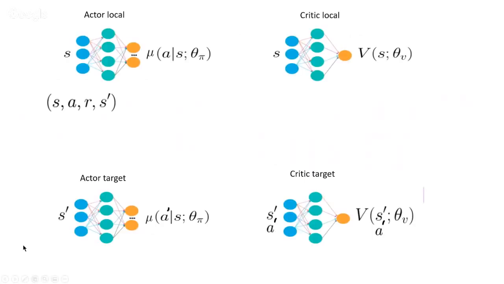So there are two copies of each network. So there is an actor local and actor target, the critic local and critic target, and the action that the actor network will give out is going to be continuous. So it's not a pi or a distribution or a policy. It's just one action or one set of numbers for your continuous action space.